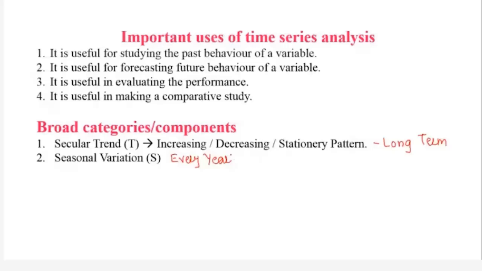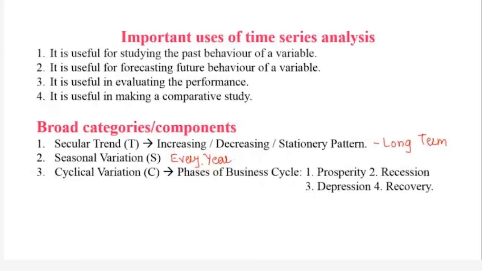Then cyclic variation. See, phases of business: prosperity, recession, depression and recovery. Whatever business you are doing, dear student, normally most businesses go through cyclic variation, which is C. Sometimes you are doing very good, your business is doing good, that is prosperity.